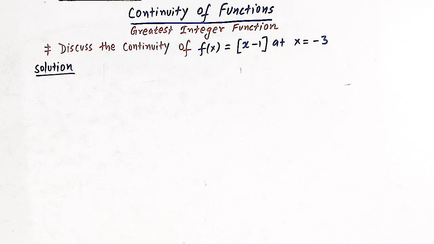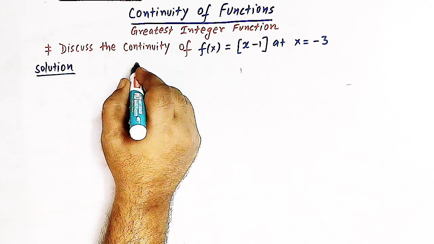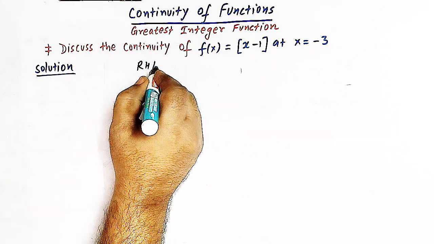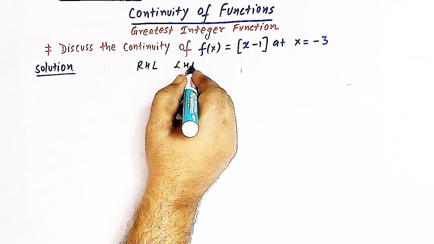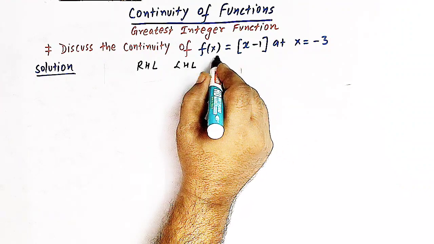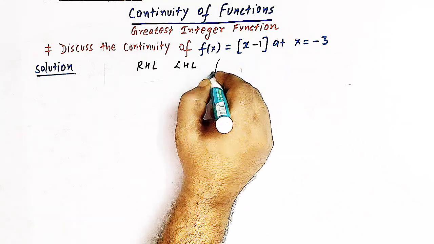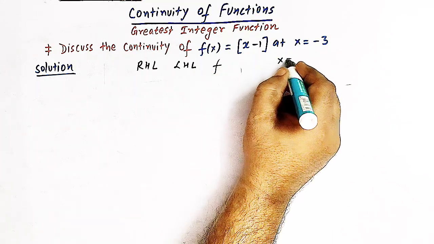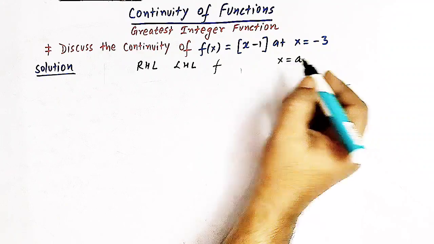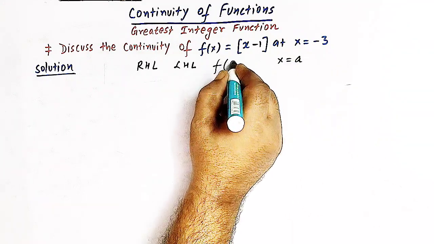So let us start. To discuss the continuity of a given function at some given point, we find the right hand limit, then the left hand limit, and then the value of the function at the given point. Taking the point in general as x equal to a, we find f of a.